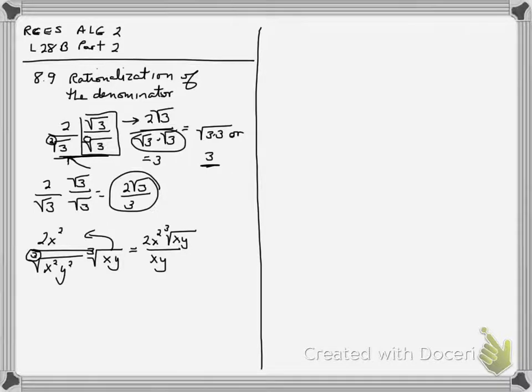All over, and then I want to cancel out one of these x's, so that'll go away, and this will go away. Okay. So this becomes 2x, the cubed root of xy, all over y. That's a y.